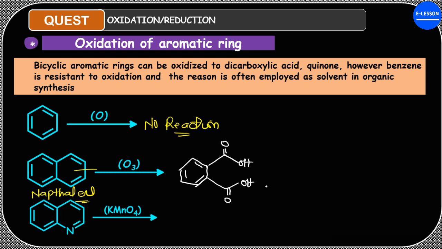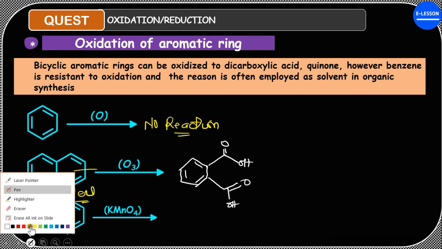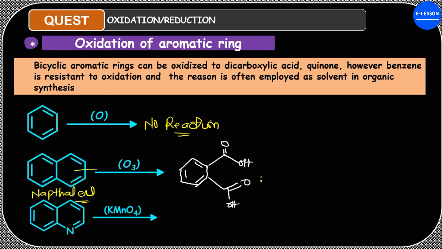Now this double bond here, O. So this is what is called phthalic acid, right? So whenever these aromatic rings are oxidized, it forms phthalic acid. It's supposed to be something like this.